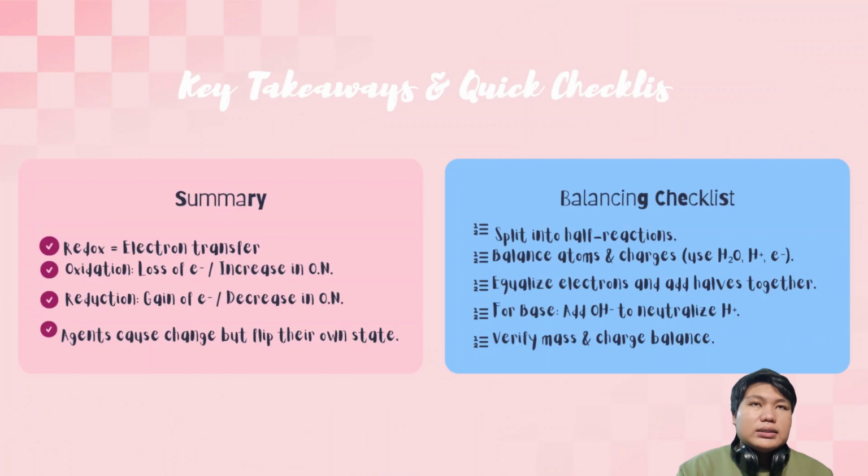Four, you need to remember that a base actually has OH, or hydroxide, in the equation. If we need to neutralize it, we need to add H+ so that it will become neutralized. And lastly, we need to know how to verify mass and charge balance so that we know how to write the equation and balance the polyatomic ions.